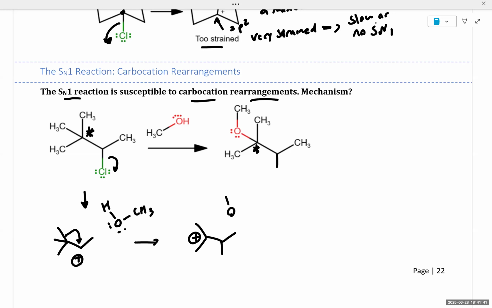From here, your nucleophile attacks the carbocation.